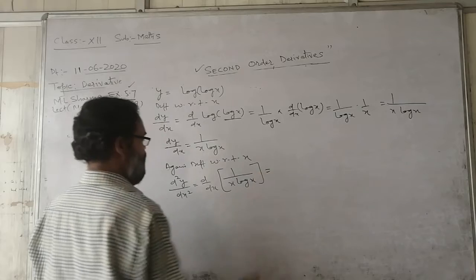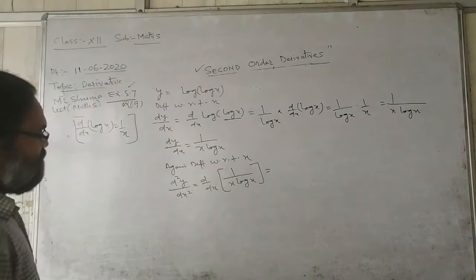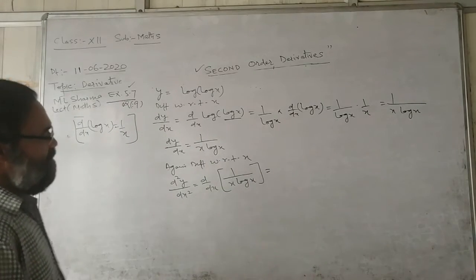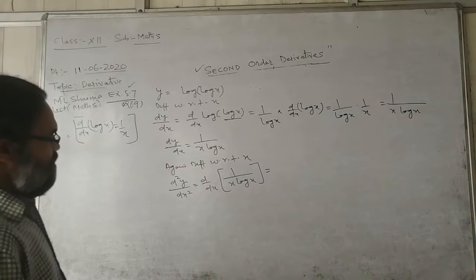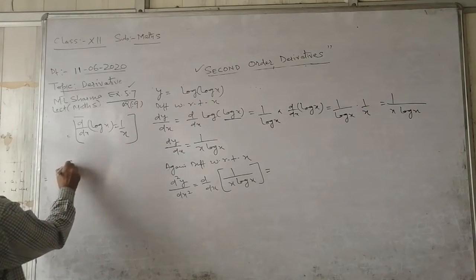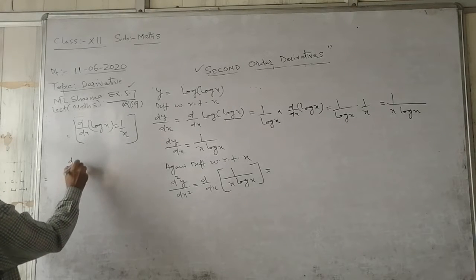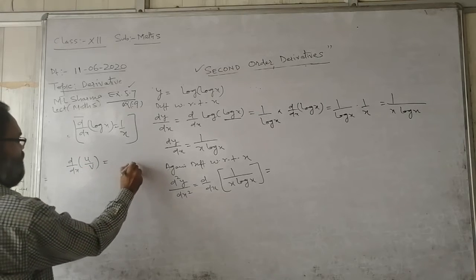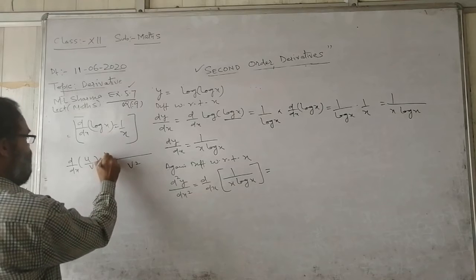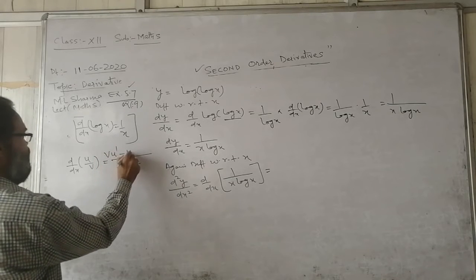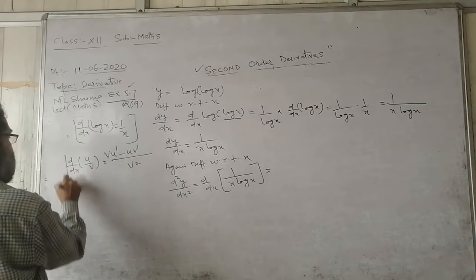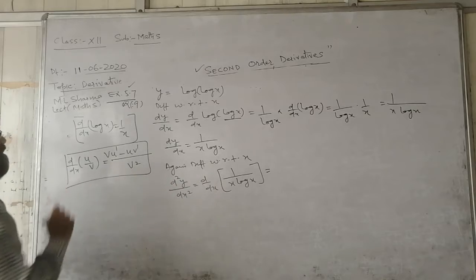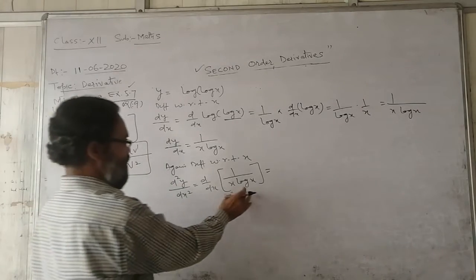So this is the case of a quotient of two functions, u upon v. d upon dx of u upon v is equal, according to the formula, to v into u dash minus u into v dash, divided by v square. So this formula is to be applied here.